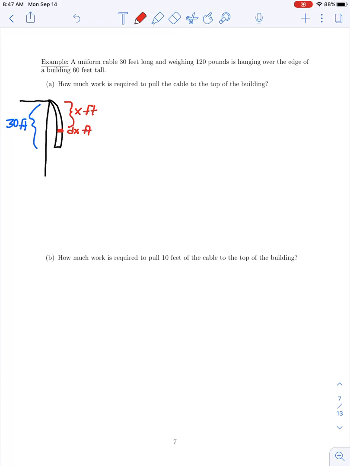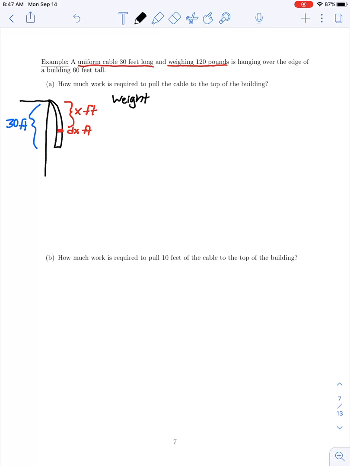But one thing I need here is the weight or the force needed to move my one little section of cable. What I'm given in the problem is the total weight of this cable, 120 pounds. But I'm told that this cable is uniform and is 30 feet long. So uniform here meaning that its weight density throughout is constant. So let's first find our weight density for this rope.